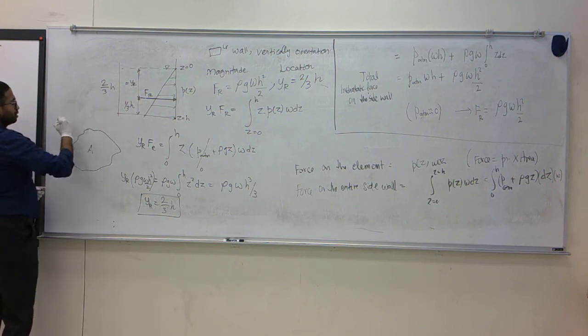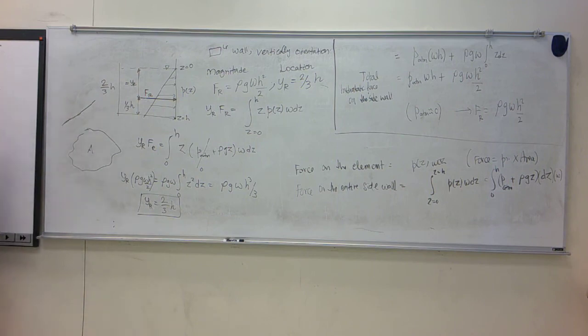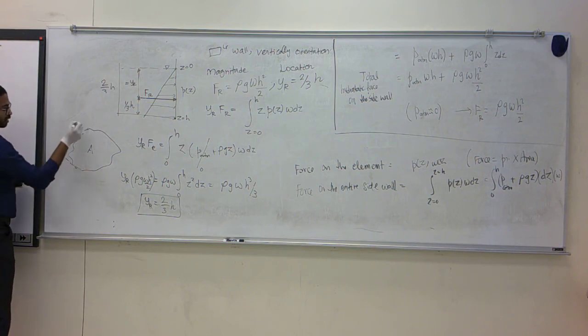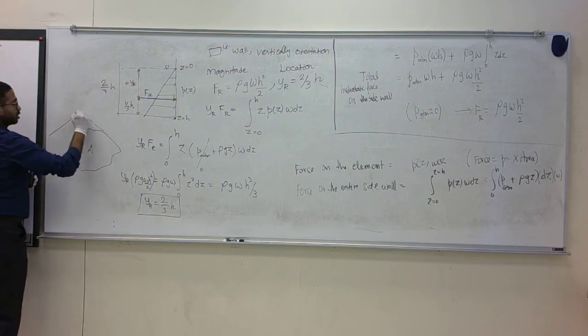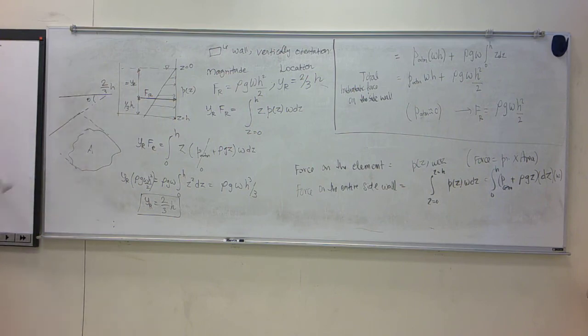Like for example, I could have a surface that is oriented arbitrarily with respect to the horizontal or the vertical. How are we going to treat these kinds of surfaces? That's our next topic.